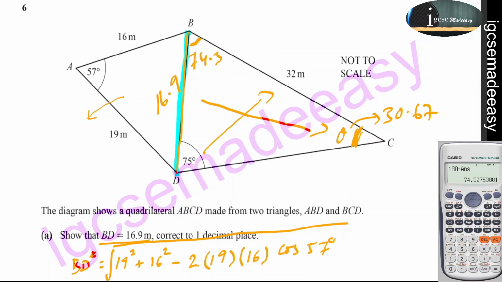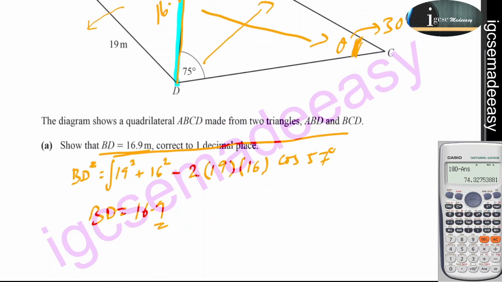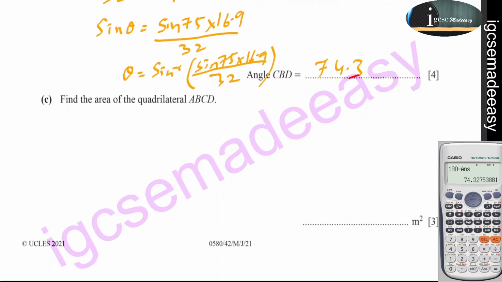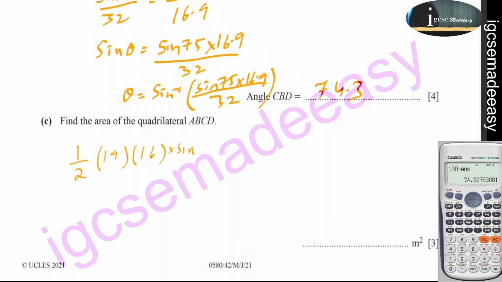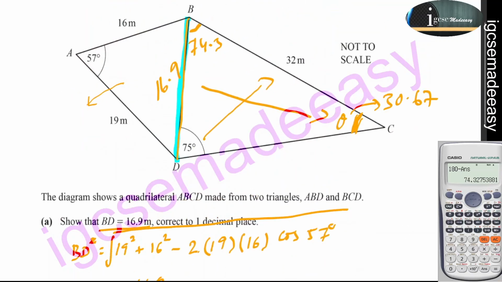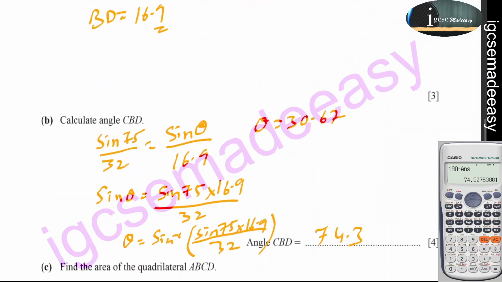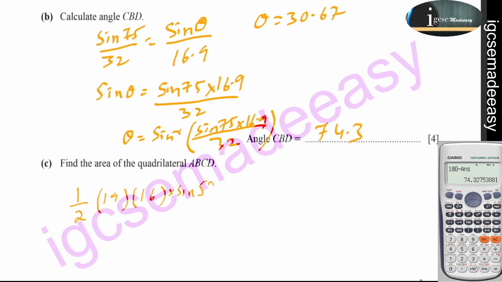That is half of the first length, 19, times the second length, 16, times sine of the in-between angle, 57.